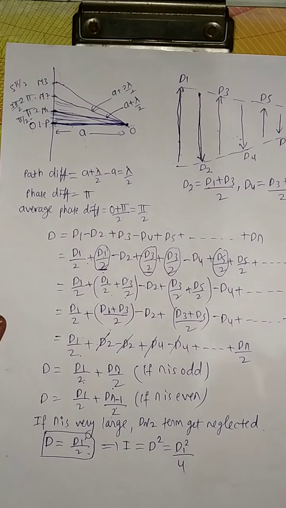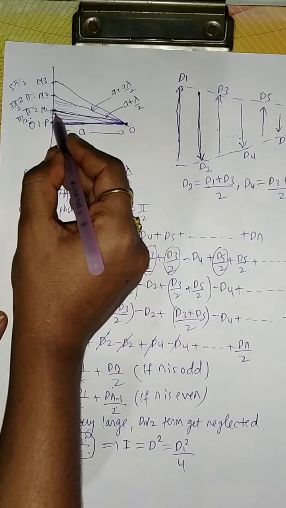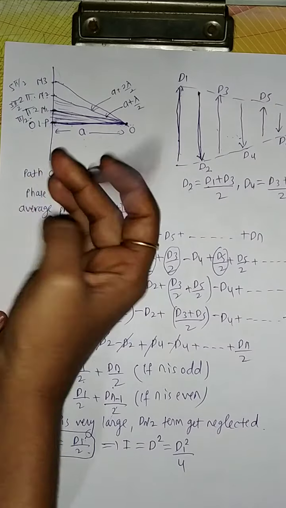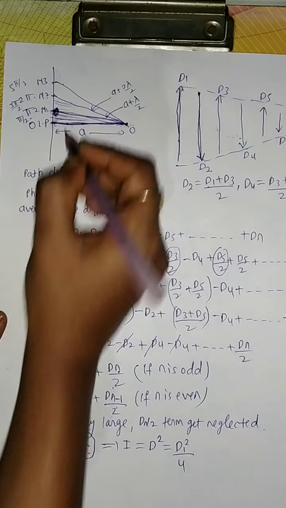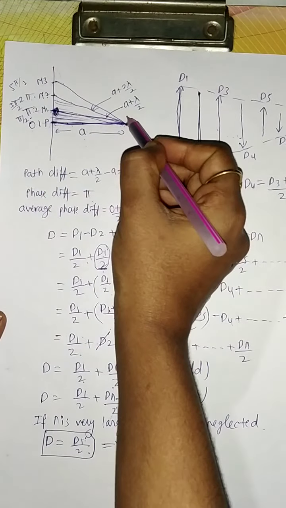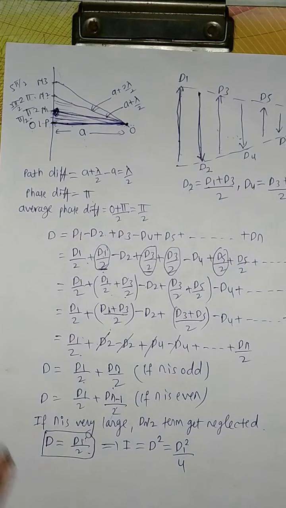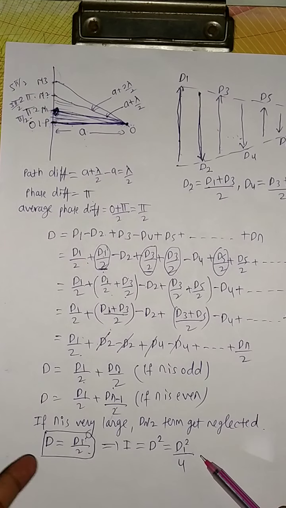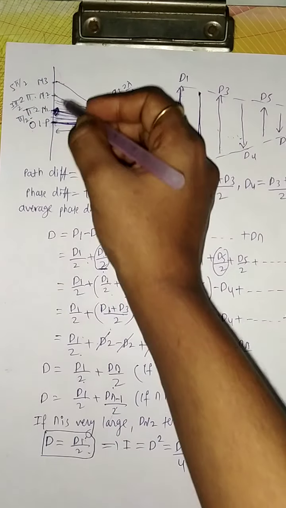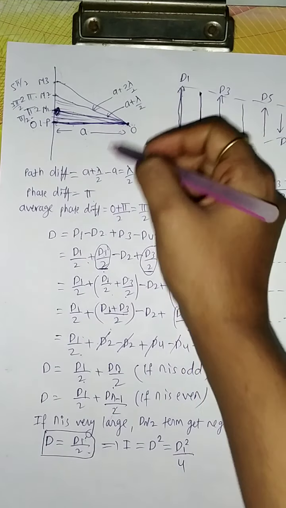Understanding? Means what? If you keep any obstacle at the first zone, then we will get a dark value at point O. There will not be any light at O. Why? Because it purely depends upon the first zone amplitude. Understanding? So when an obstacle is there, we will get a dark point.